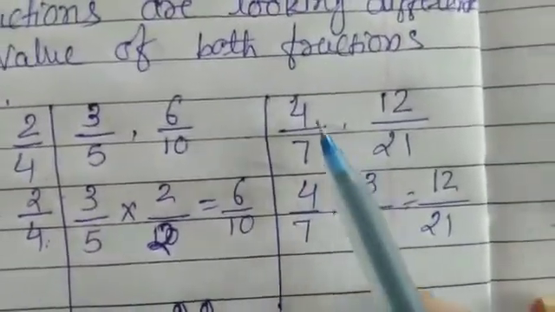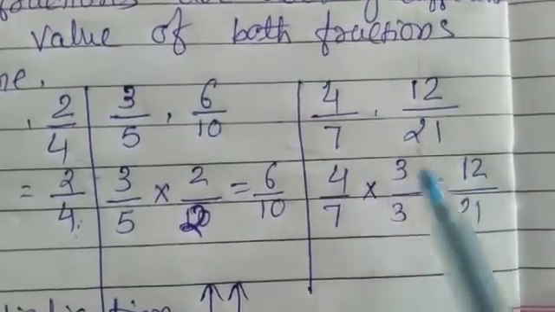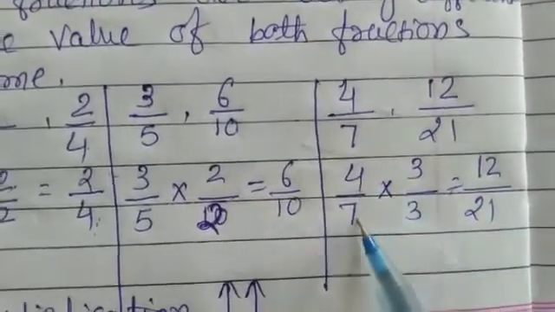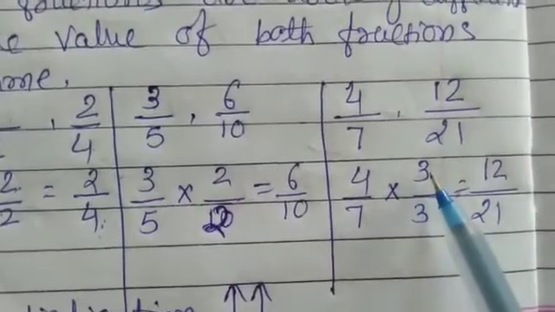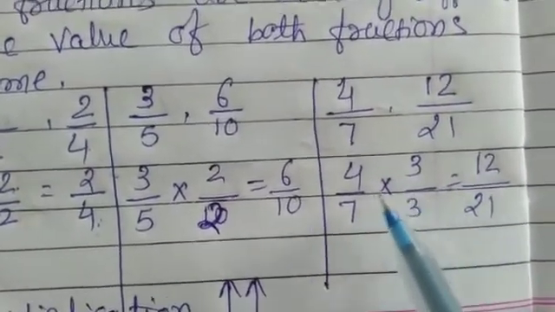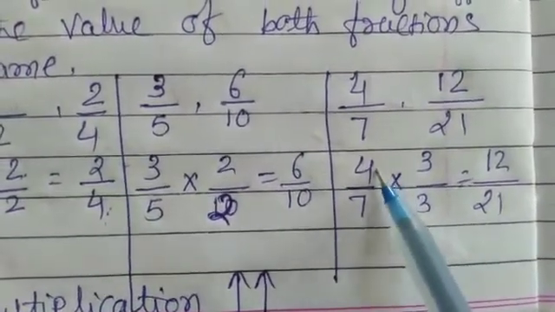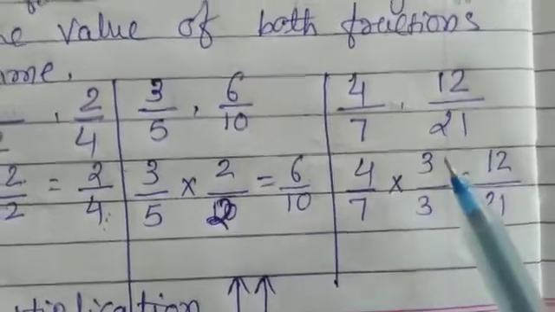One more, 4 by 7 and 12 by 21. Here 4 by 7 will be multiplied by the same number, 3 by 3. Students, just keep in mind one thing: whichever number we multiply the numerator by, we will multiply the denominator by the same number.